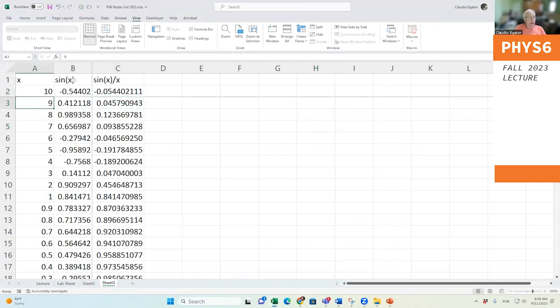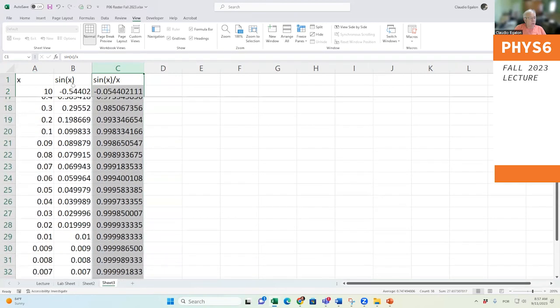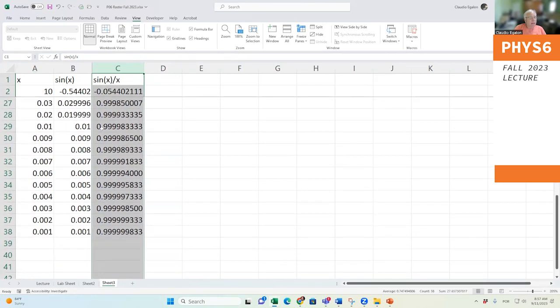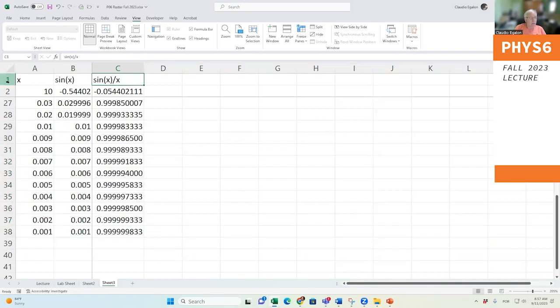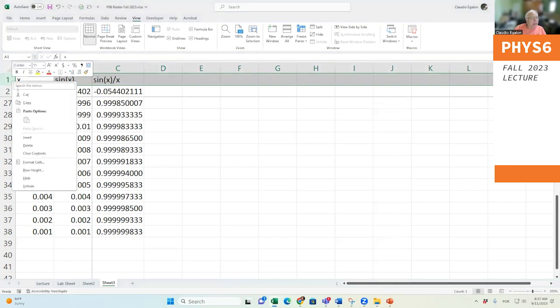I have x here, I have sine of x here, and I divided sine of x by x. As x goes to 0, to a very small number, notice that the ratio between sine of x and x goes towards 1. So at x equal to 0, it's very reasonable to state that this ratio is going to be 1.